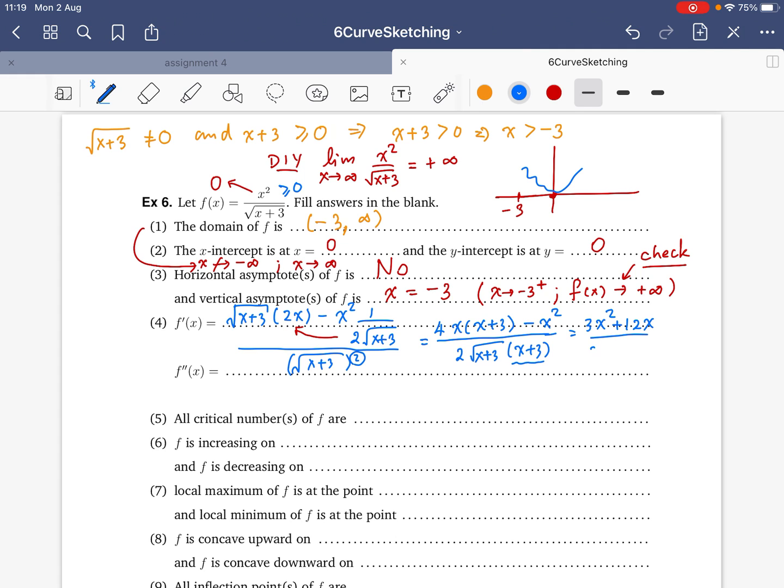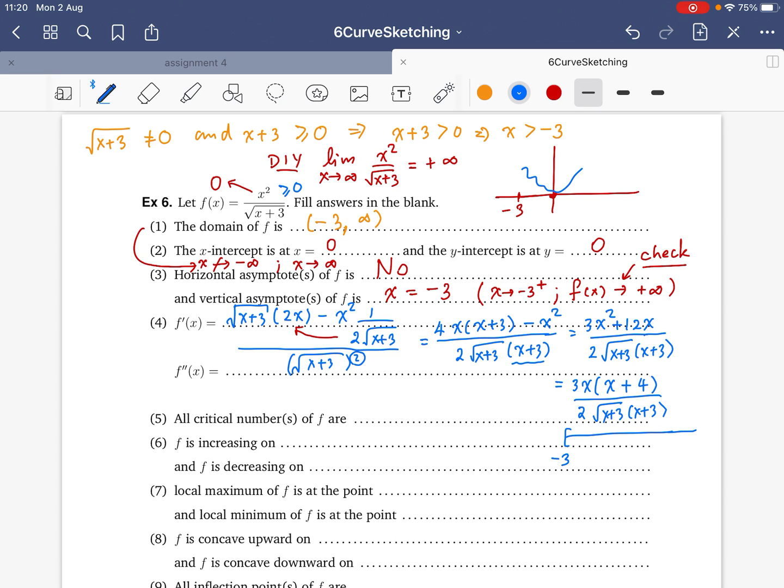Then you are going to pull out the 3x, so we have x and 4, and then here you have this one. Don't forget again that right now we consider only the thing from -3 to infinity. This is our domain under consideration, right?